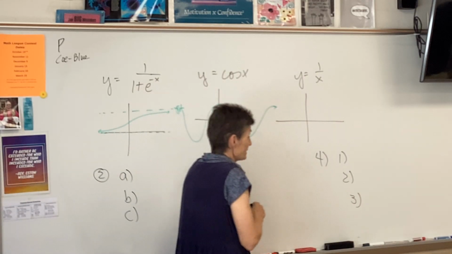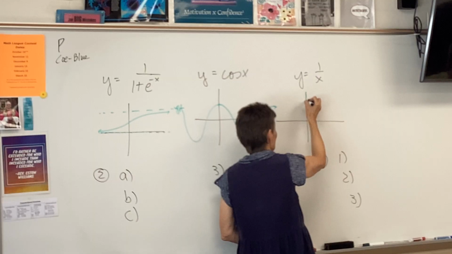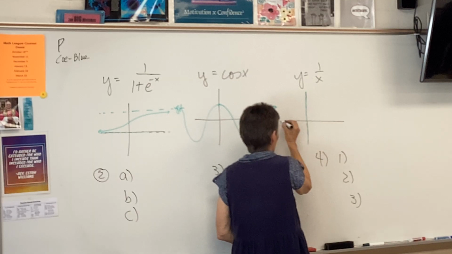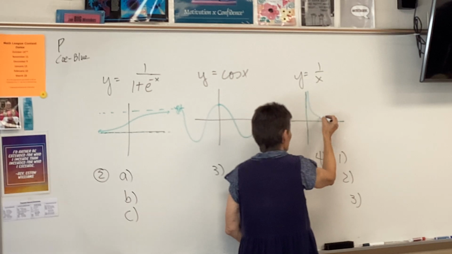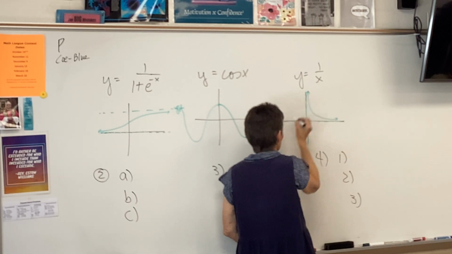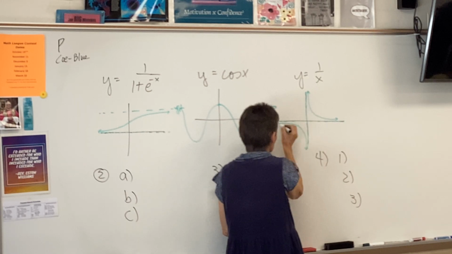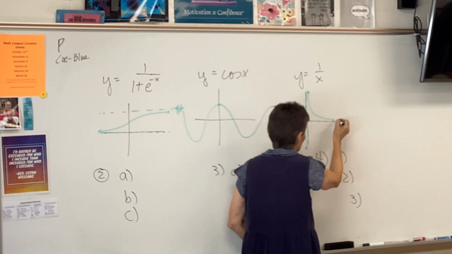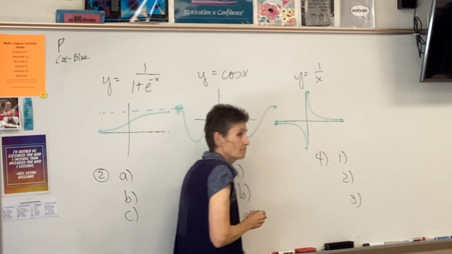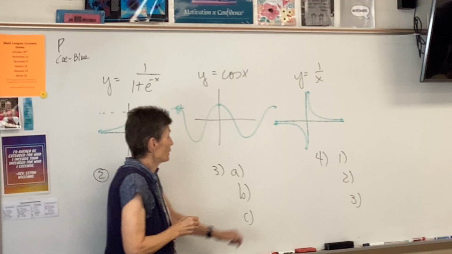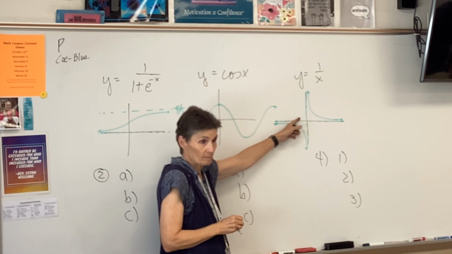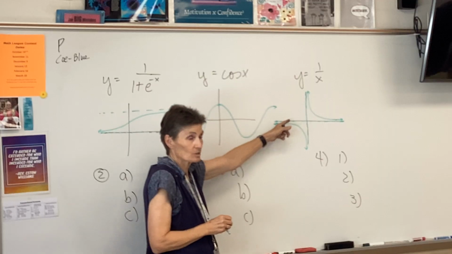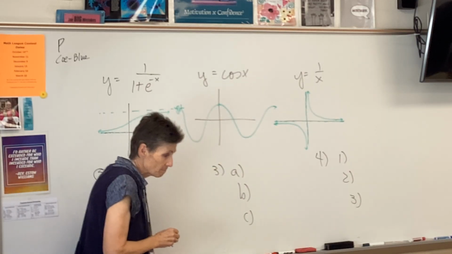All right, this guy, I hope you put an asymptote on each axis. And then quadrant 1 and quadrant 2. Which one is that, by the way? That is your reciprocal function. That's your reciprocal function.